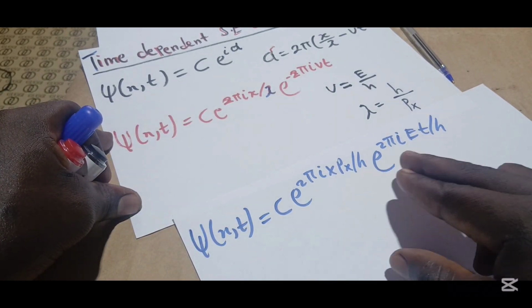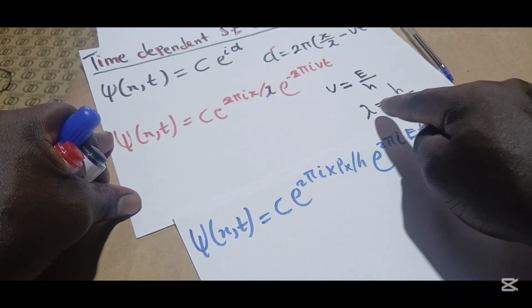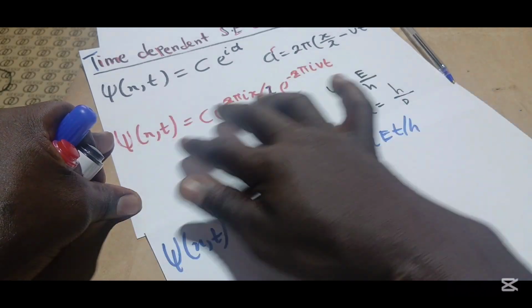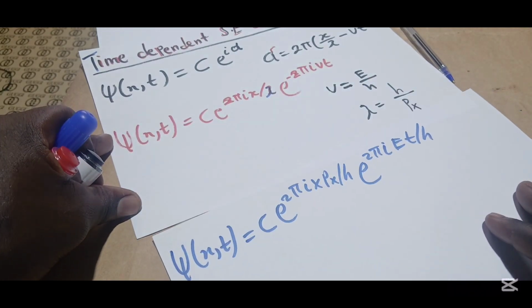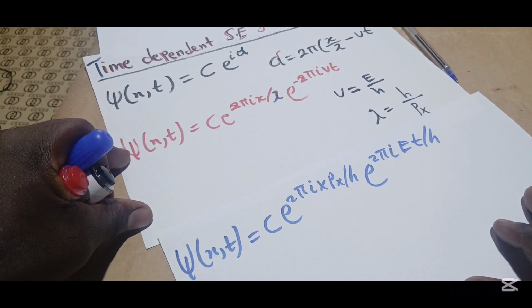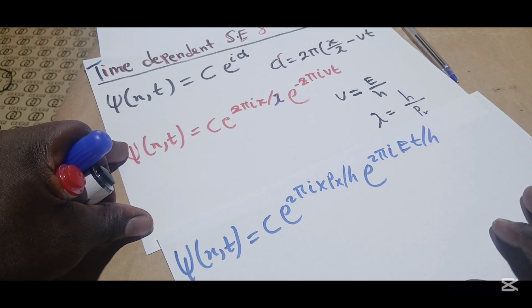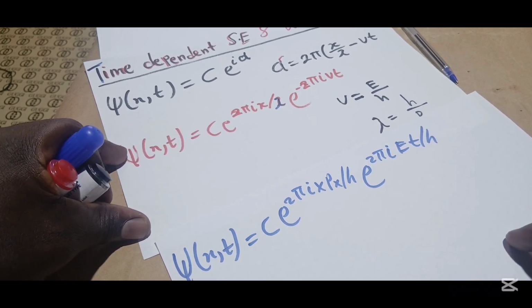This is what we get after substituting the values of nu and lambda into the wave function. Don't forget that we are deriving the time-dependent Schrödinger equation in this video.